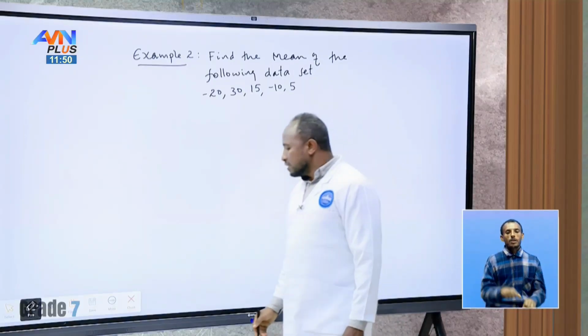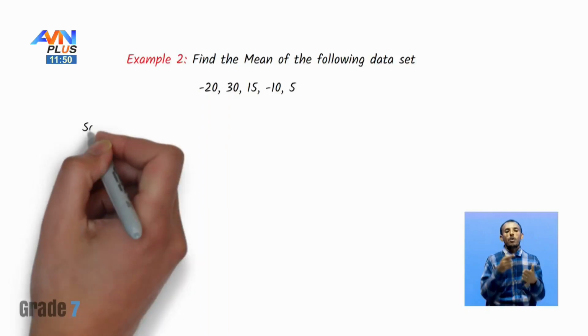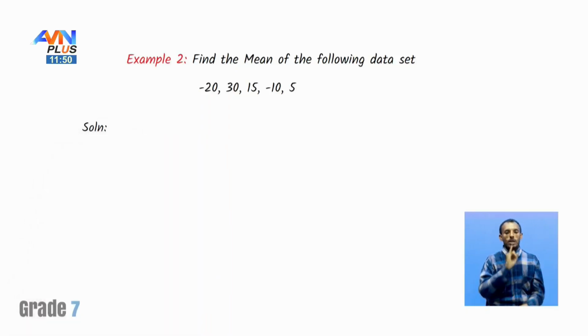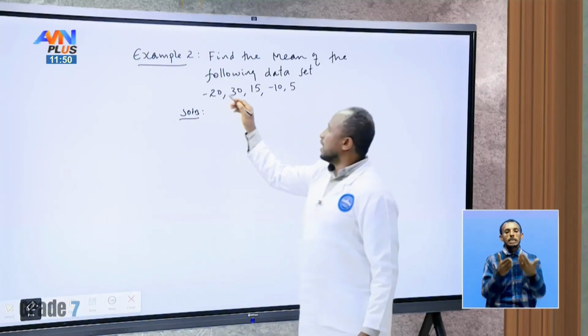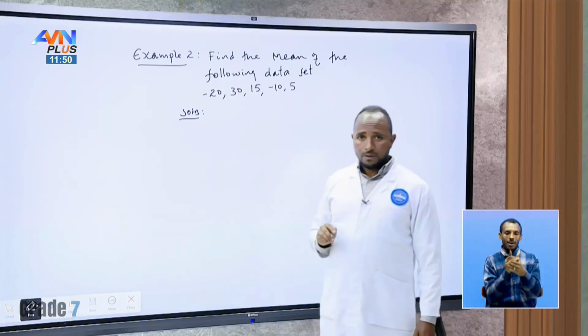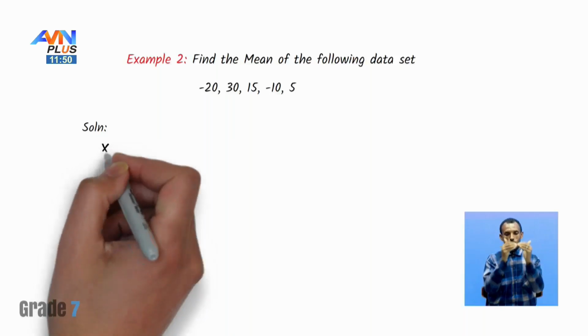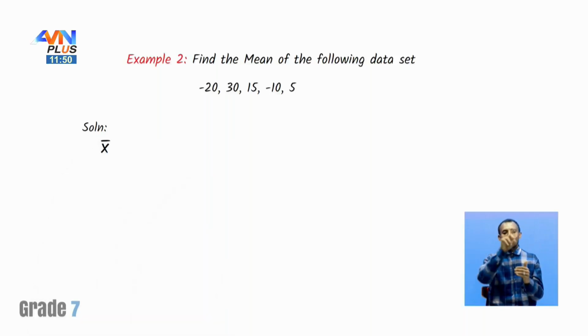So to find the mean here, what you do is, simply you add all the data set and you divide by the number of data. So here, mean is equal to, we can use x bar for mean.